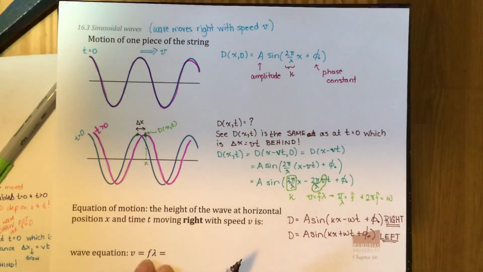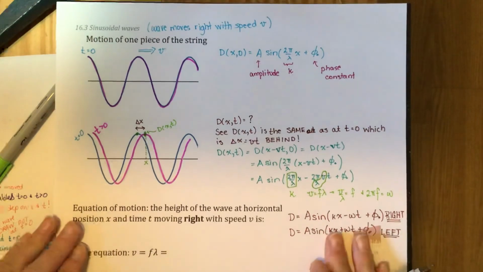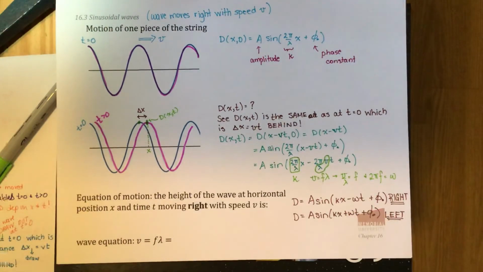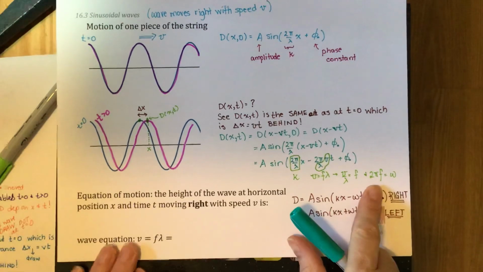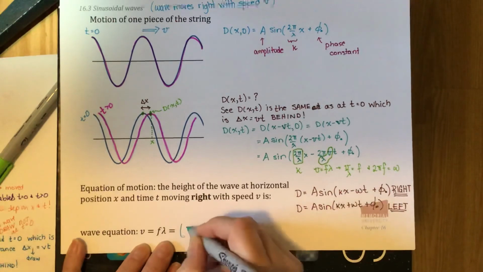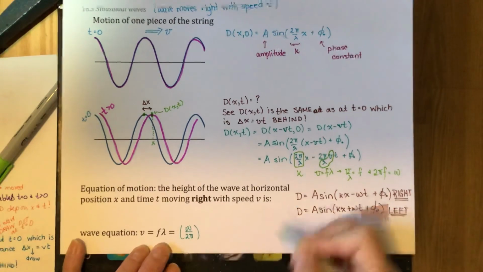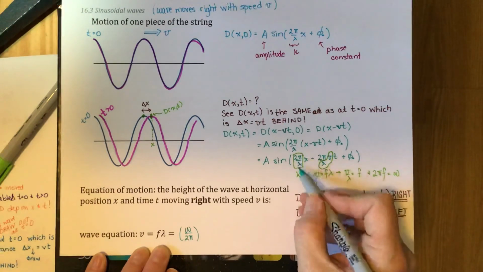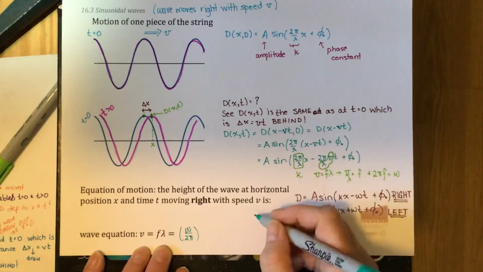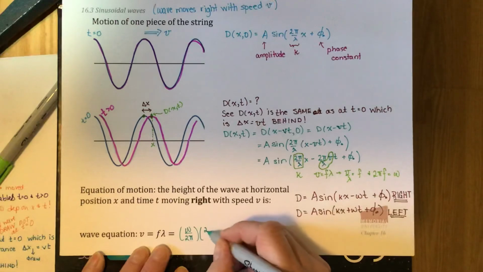The last little bit that we're going to put in here now is our wave equation. We know v equals f times lambda. And let's put in that f is equal to omega over 2 pi. Let's put in that lambda, since 2 pi over lambda is k, lambda is going to be 2 pi over k.